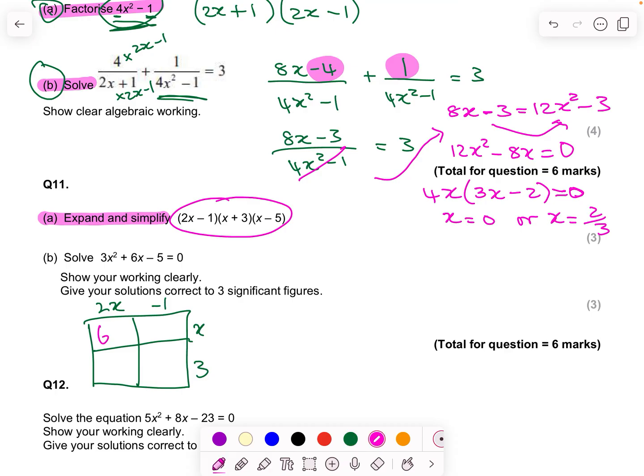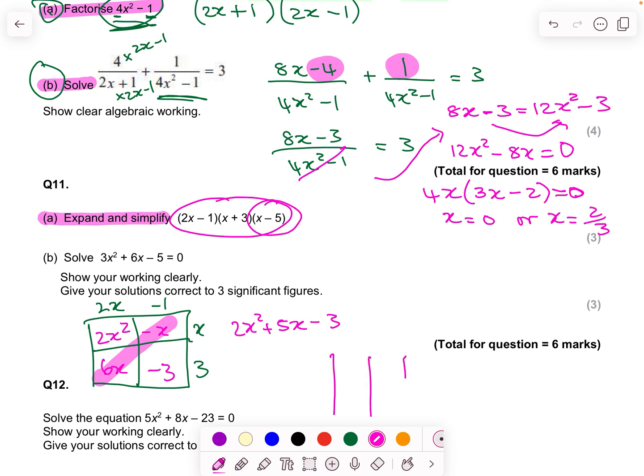I get 2x squared minus x, 6x, and minus 3. And then I can put together my like terms, and that comes out as 2x squared plus 5x minus 3. Then I'm going to multiply it by the last one.